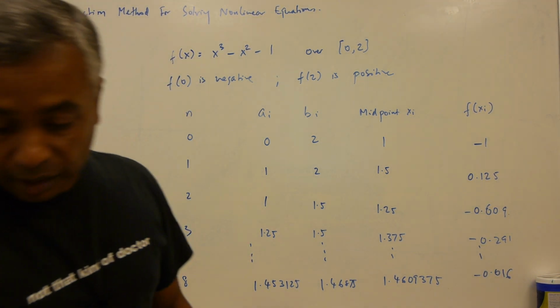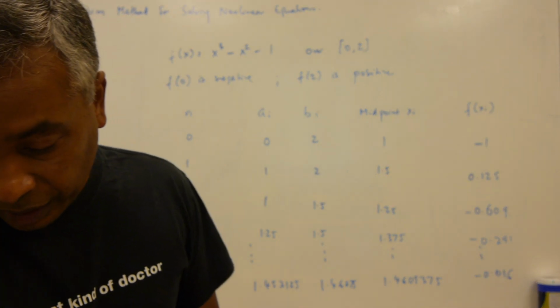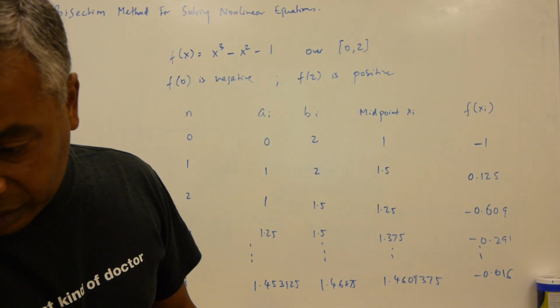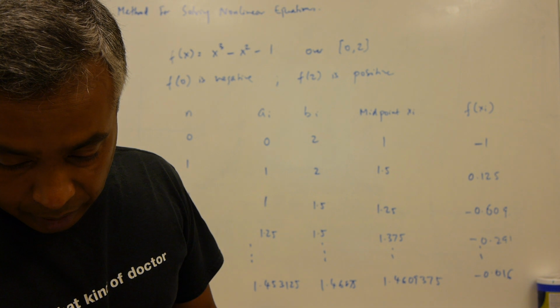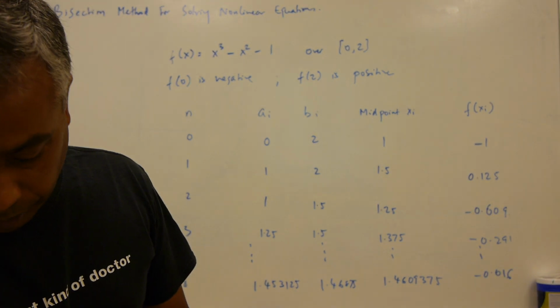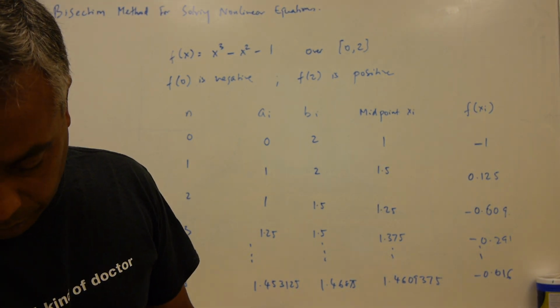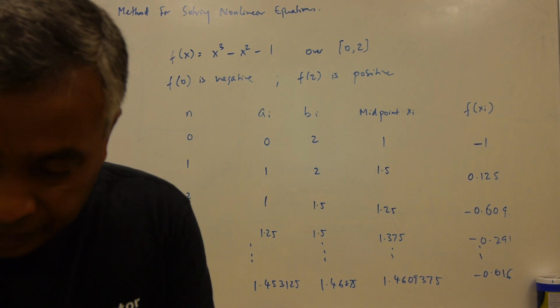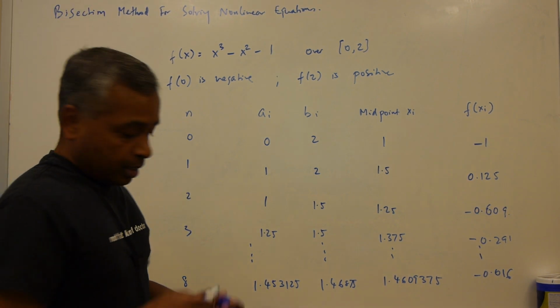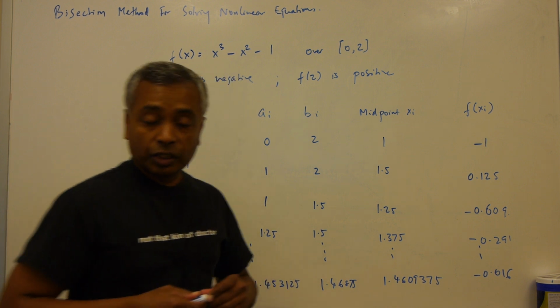There are a few notes that are important here. Let me make sure that I hit all of these notes. So the first note is that bisection method always finds a solution.